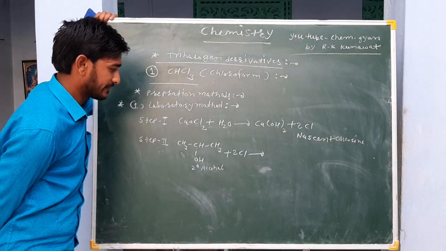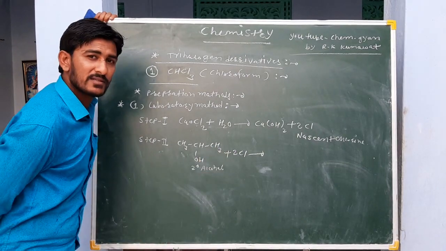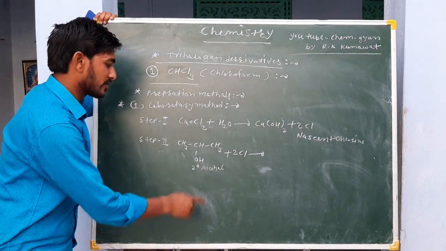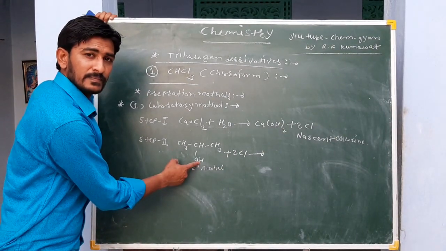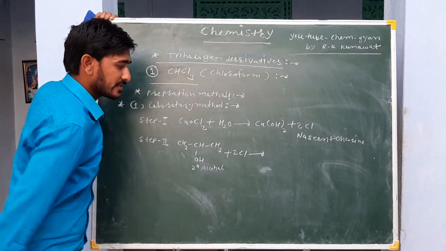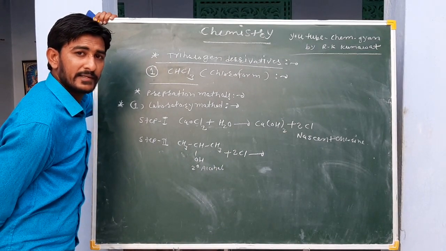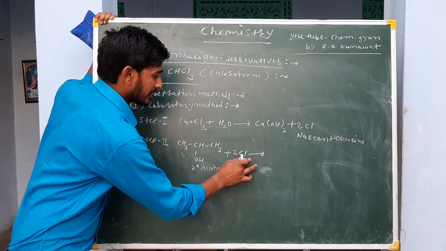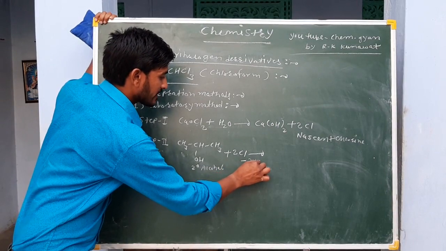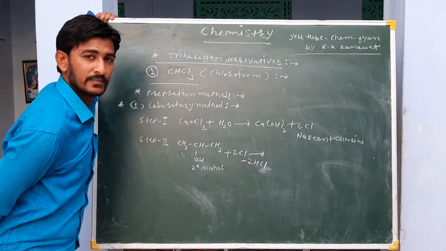We know that Cl oxidation state is -1 and hydrogen oxidation state is +1. 2 hydrogen atoms are removed and 2 Cl add to hydrogen atoms and are removed in the form of HX, which means HCl.